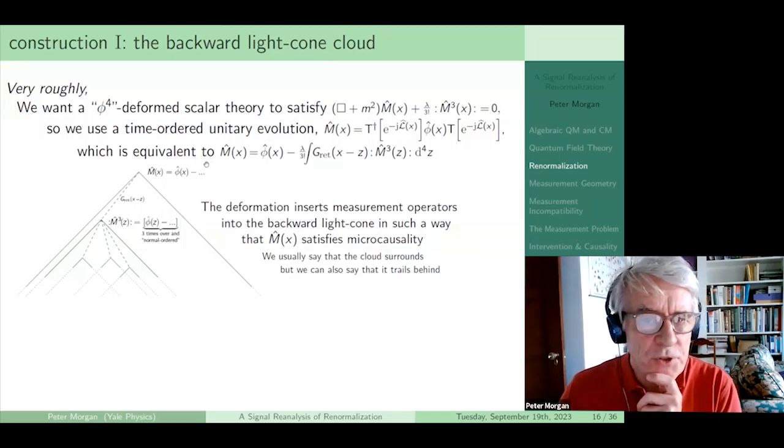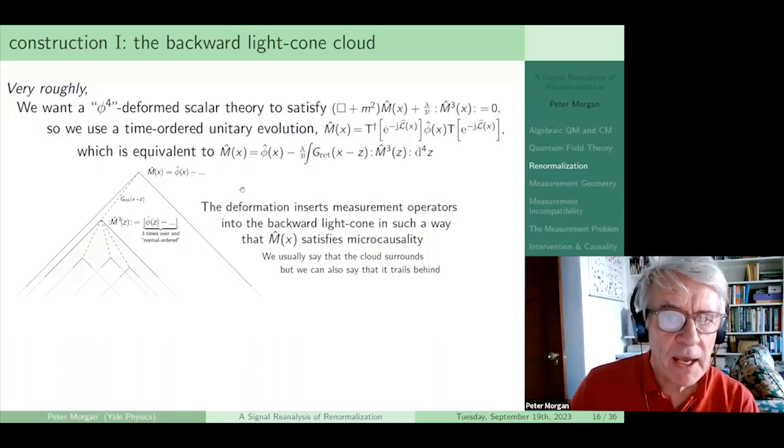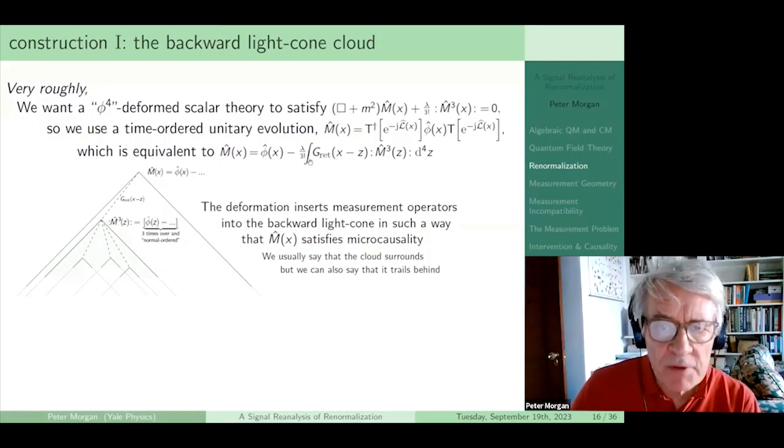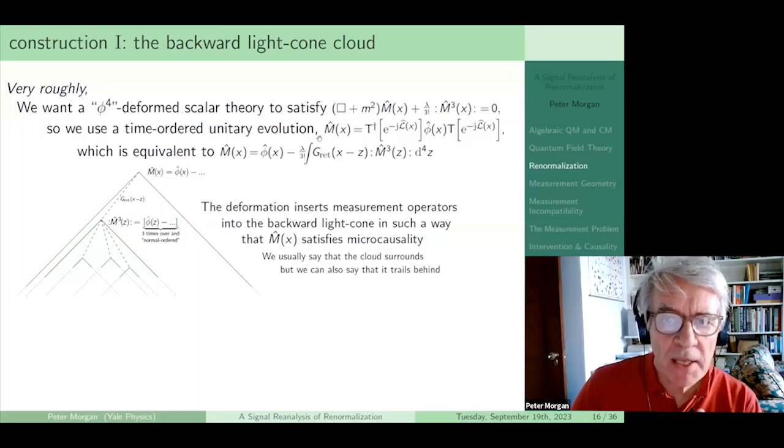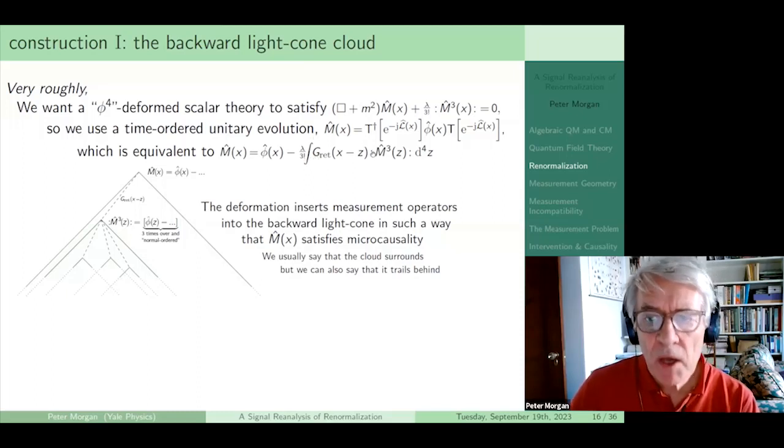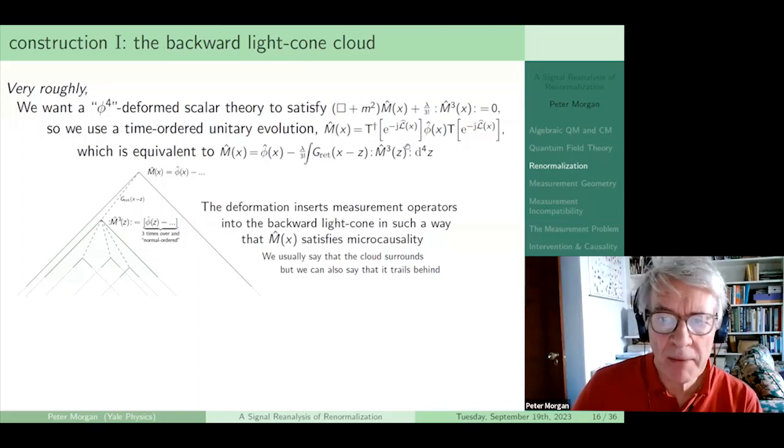And that's equivalent to constructing the deformed theory as a sum of a free field theory with a retarded Klein-Gordon propagator with the deformation we had before.